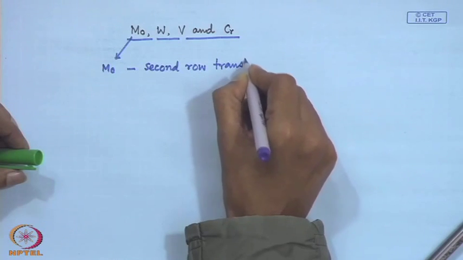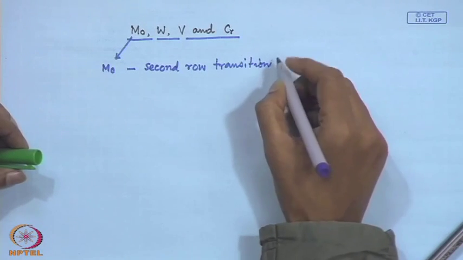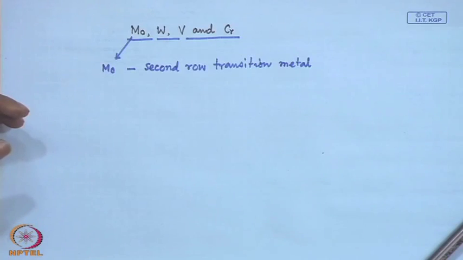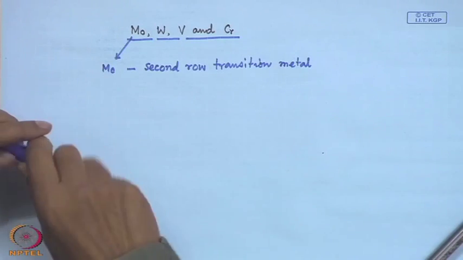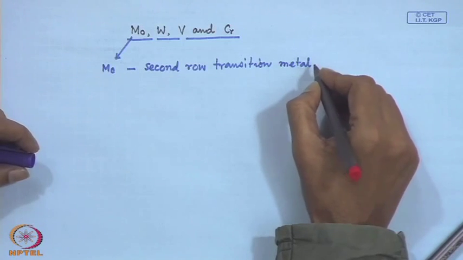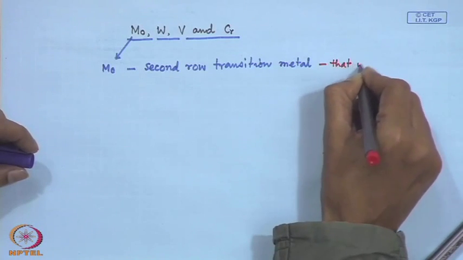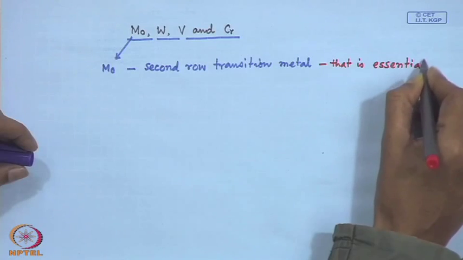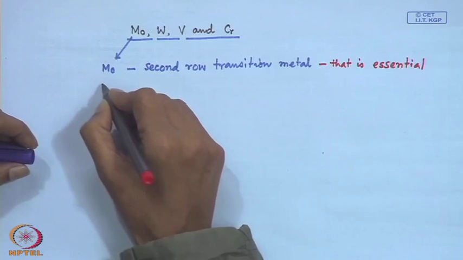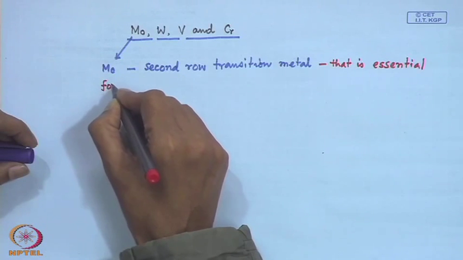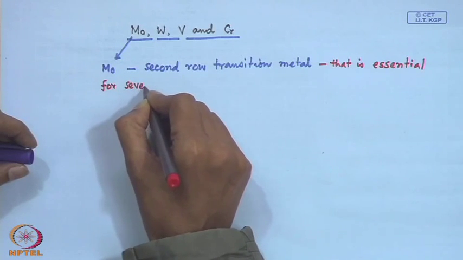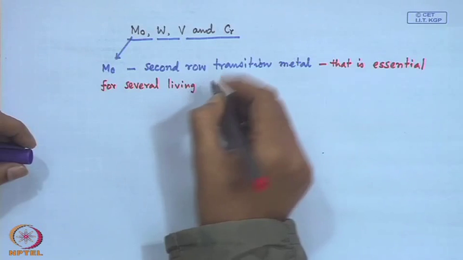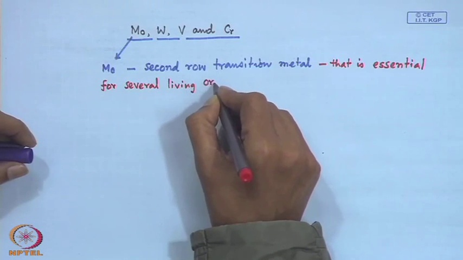Second row transition metal, that is essential for several living organisms.